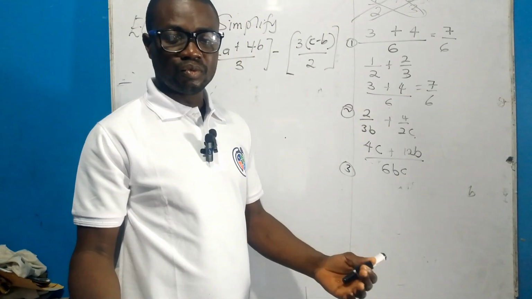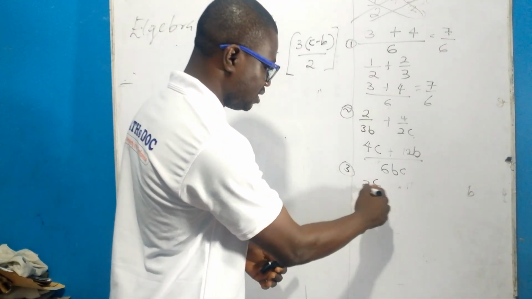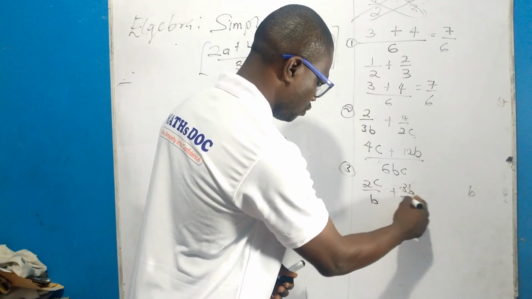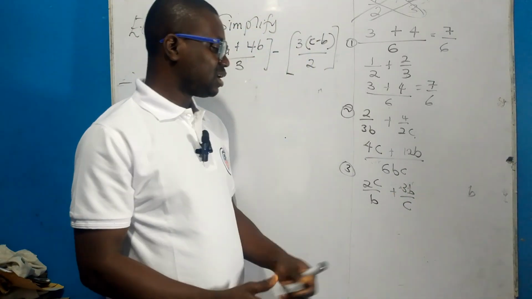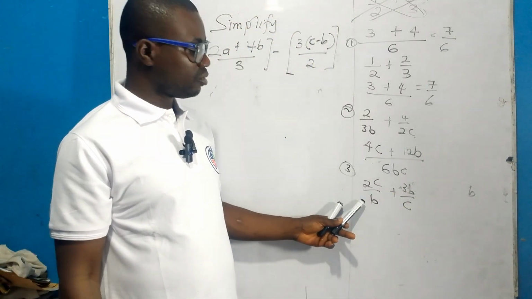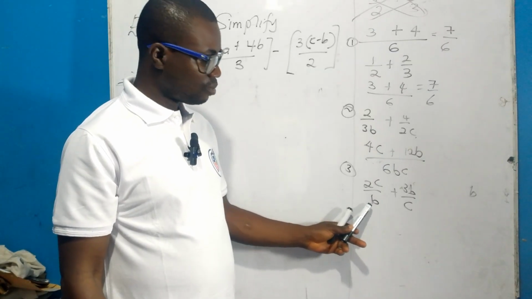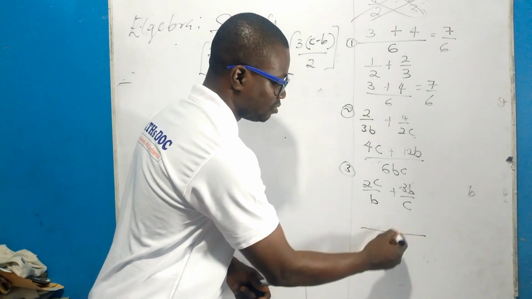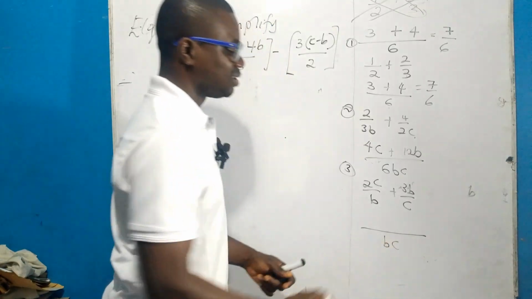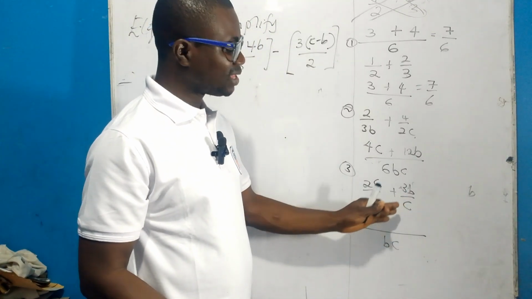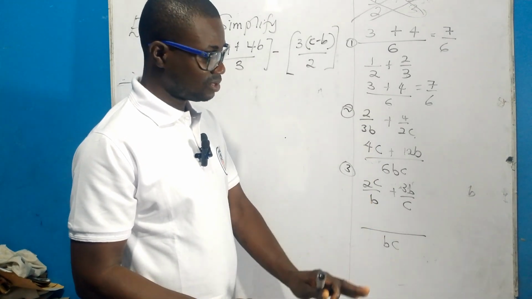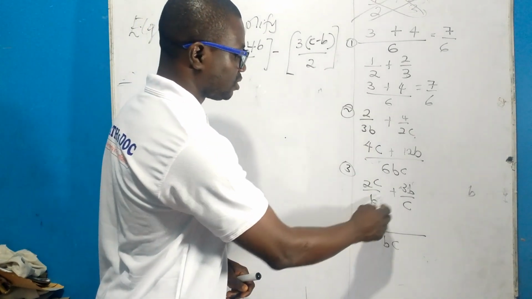Let's assume you have 2c over b plus 3b over c. Now the child should be able to remember to do this. Multiply b times c, that gives you bc. Please let the child understand that b times c is bc, not b plus c. And then you cross multiply.